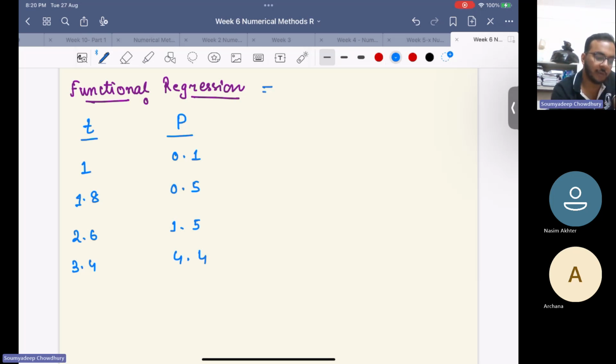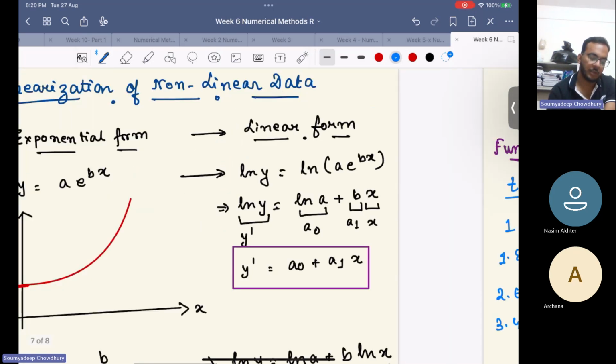The functional form will be given to you. It is basically an exponential form, y equal to a to the power bx. So this is not a linear thing. You cannot fit a linear graph to this data set. So you'll have to fit some exponential curve. It will be given to you in the question.